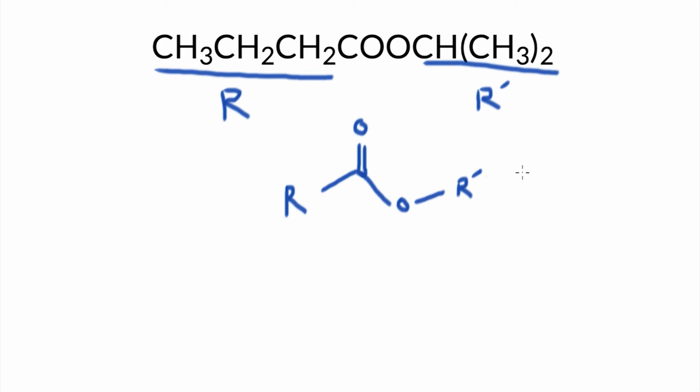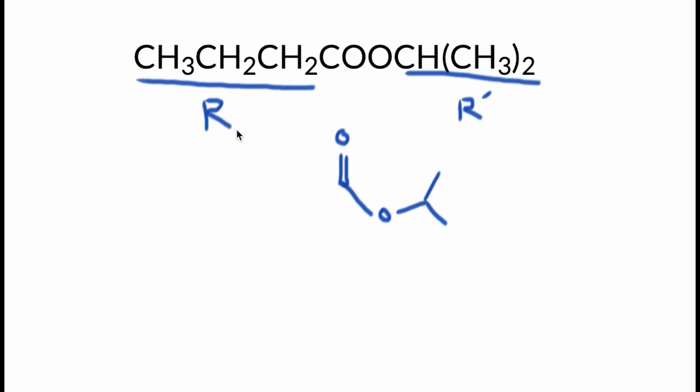So now we know where R and R prime are supposed to go. Since R prime is a carbon which only has one bond to hydrogen, we would know it's an isopropyl because the other two bonds would have to be satisfied with two other carbons. So we're going to draw our isopropyl.